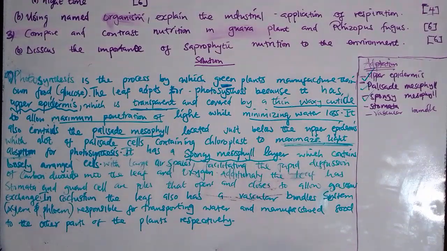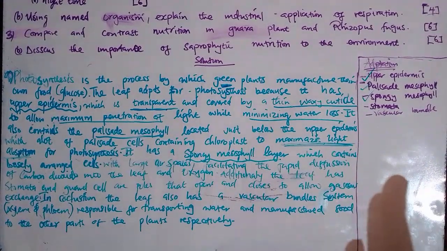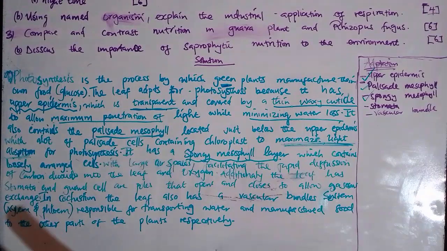It also has the spongy mesophyll layer which is loosely packed and contains a lot of air spaces responsible for the rapid diffusion of oxygen and carbon dioxide into and out of the cell. It also has the stomata, which are pores, which allow the entry of carbon dioxide and the leaving of oxygen.